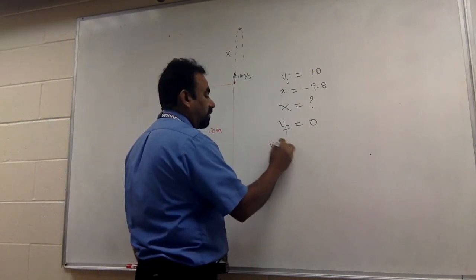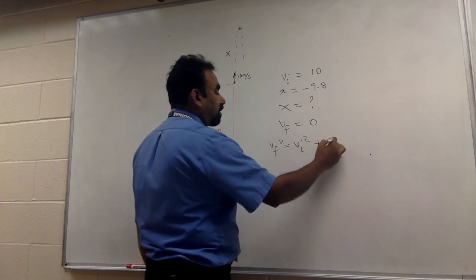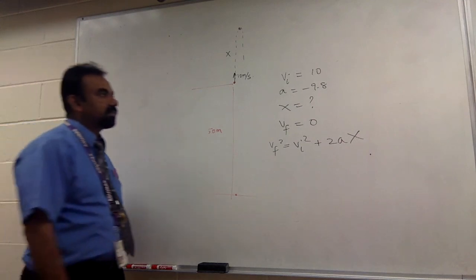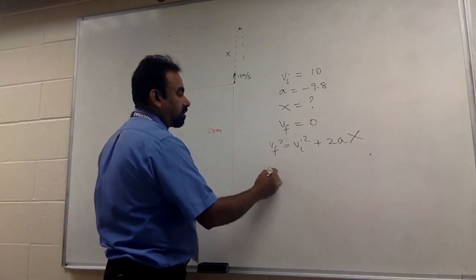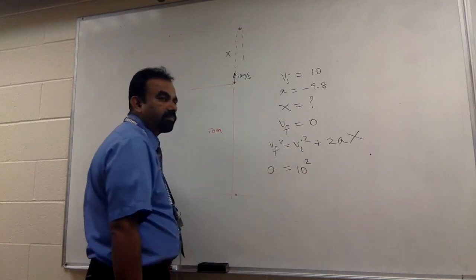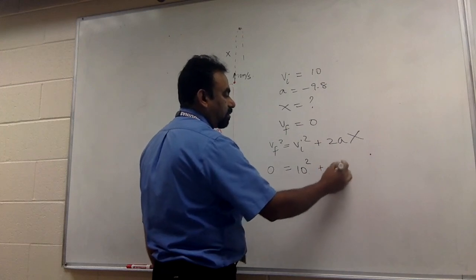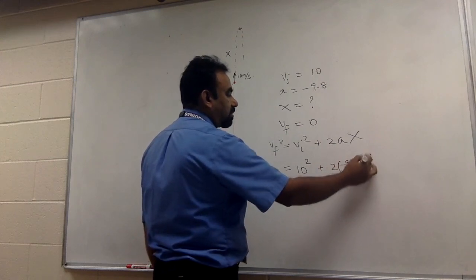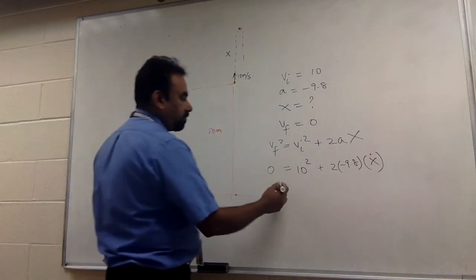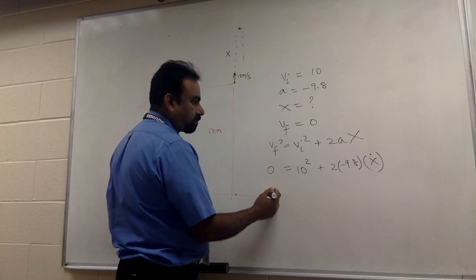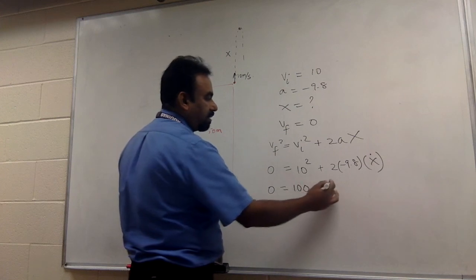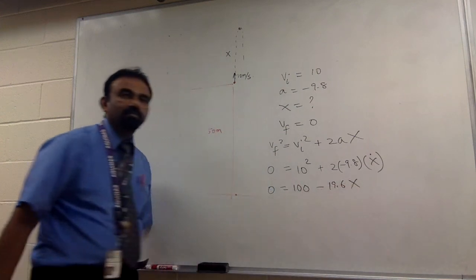So we have Vf square is equal to Vi square plus 2ax. Now substitute: 0 square is equal to 10 square plus 2 times negative 9.8 times x. So zero equals 100 minus 19.6x.